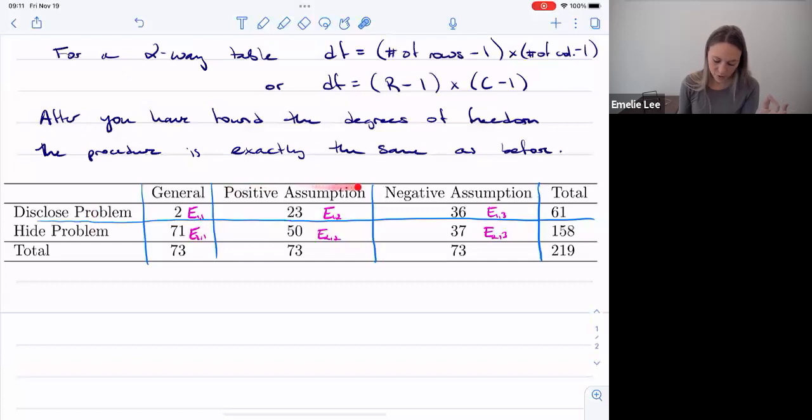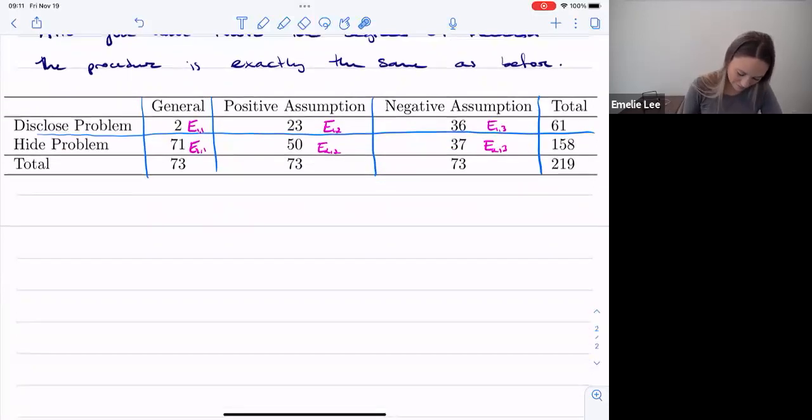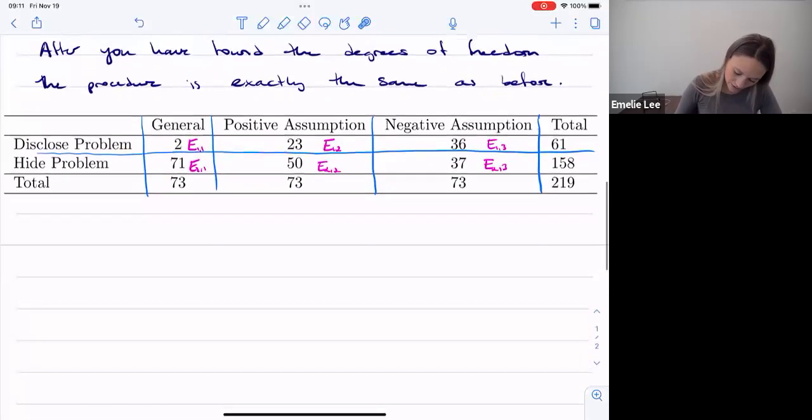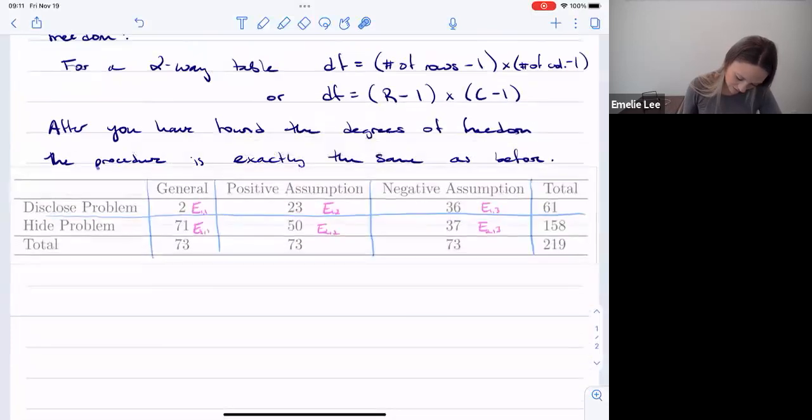Because we've got a 2 by 3 table, the totals don't count, right? Well, technically the total is a count, but they don't do anything here.